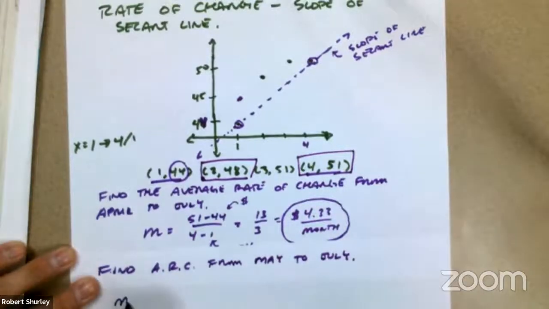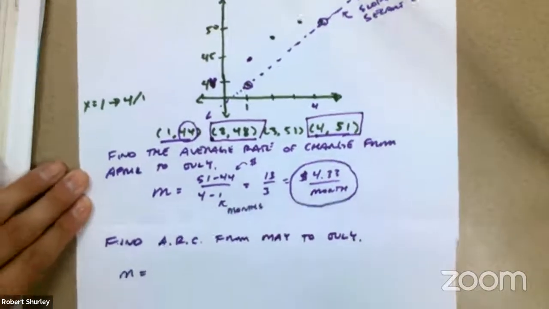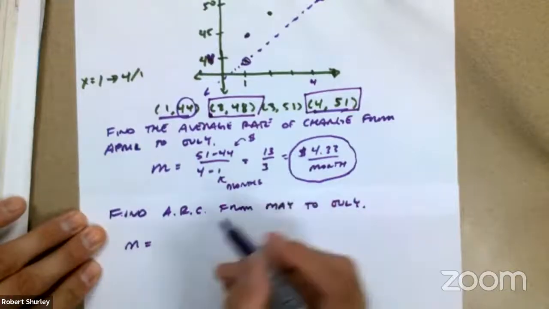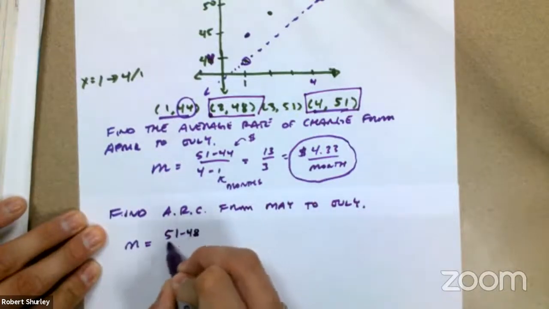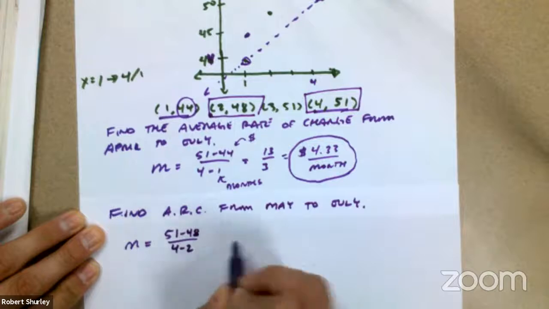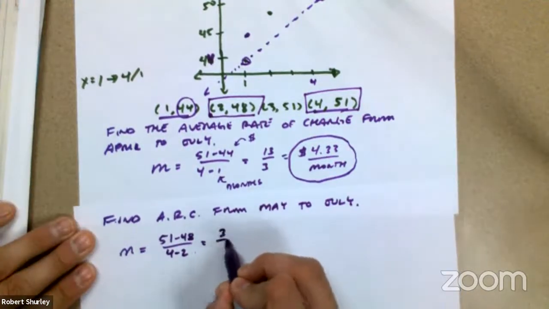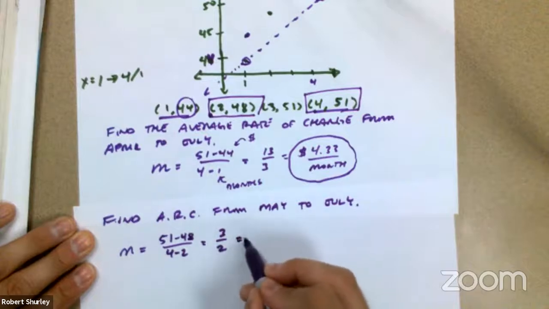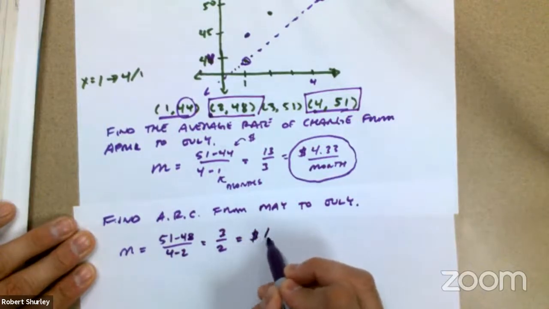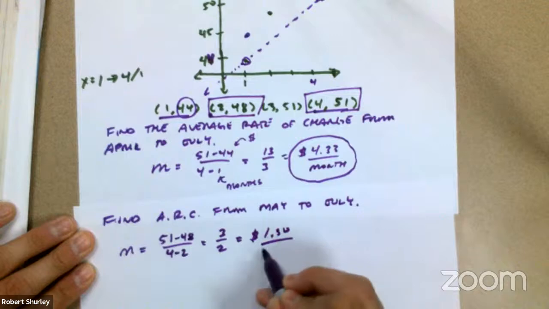If I wanted to find the average rate of change, it's just the slope. So it's going to be 51 minus 48 over 4 minus 2. So 51 minus 48 is 3 over 2. So 1.5, we're still increasing, right?